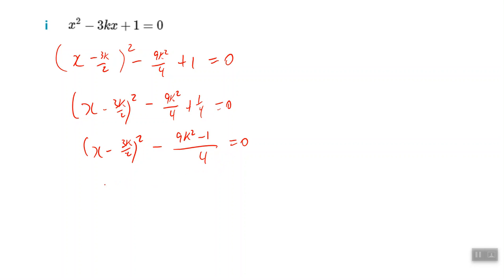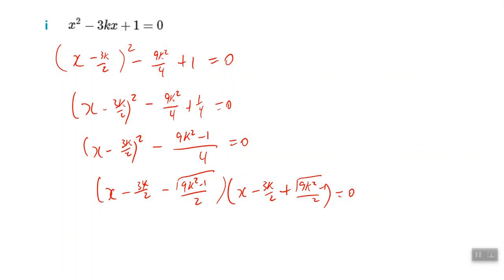So if you do it by the dots patterns, you get x minus 3k over 2 minus bracket square root of 9k squared minus 1, over 2, x minus 3k on 2 plus square root of 9k squared minus 1 over 2 equals 0.